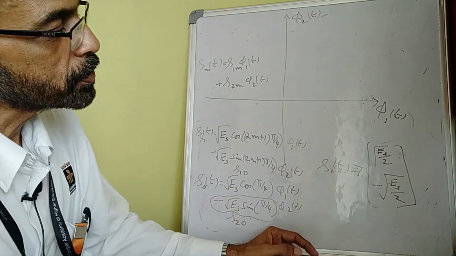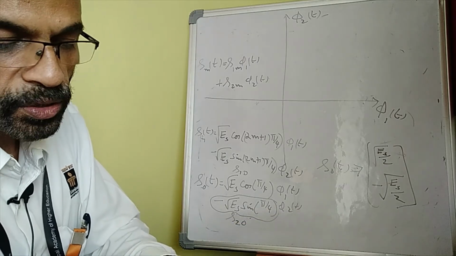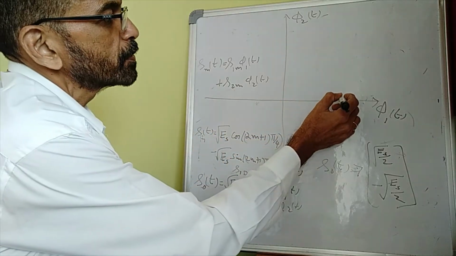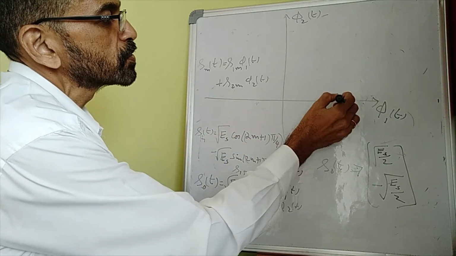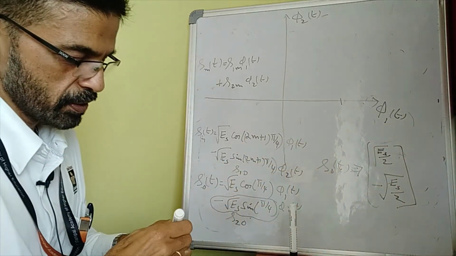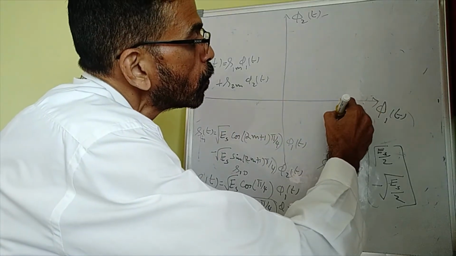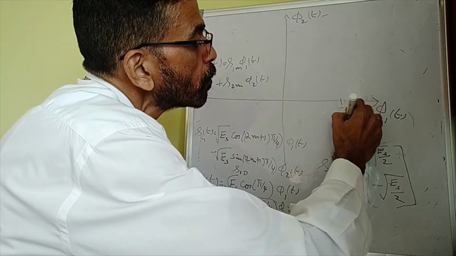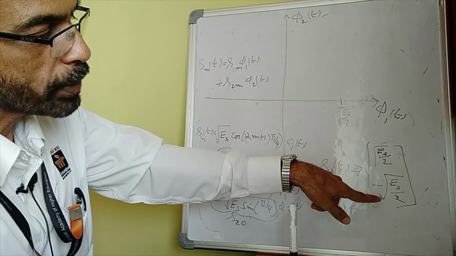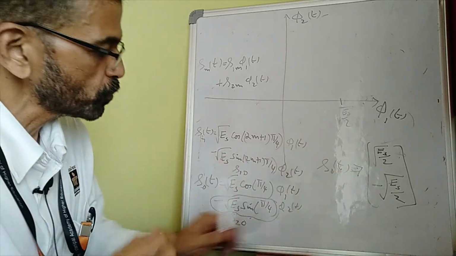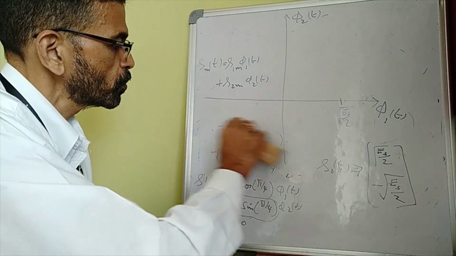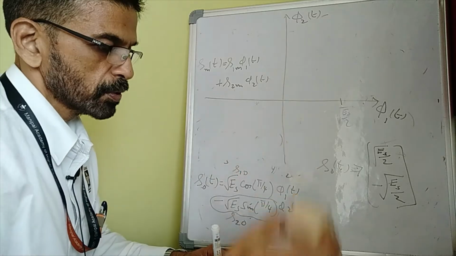So now let's locate this point, root Es by 2. Root Es by 2 on the phi 1 axis will be, say, somewhere here. Let's say this is the point root Es by 2. On the phi 2 axis the coordinate is minus root Es by 2, so minus root Es by 2 will be here.